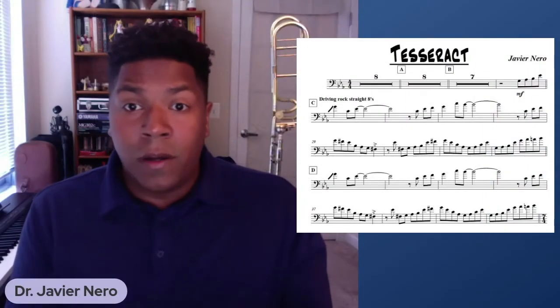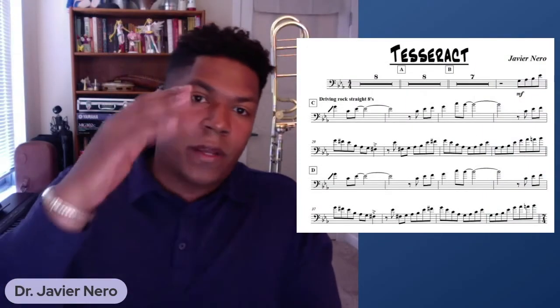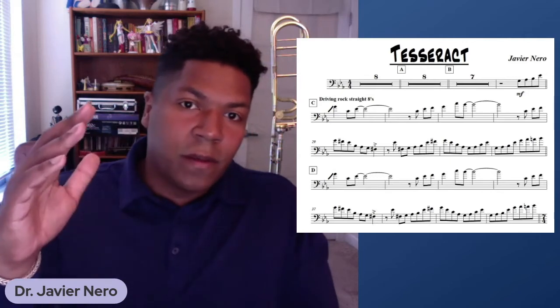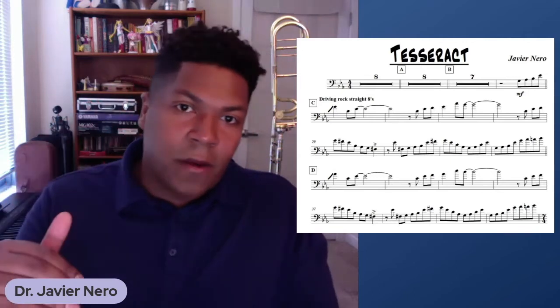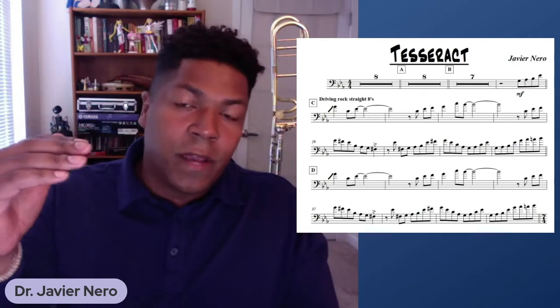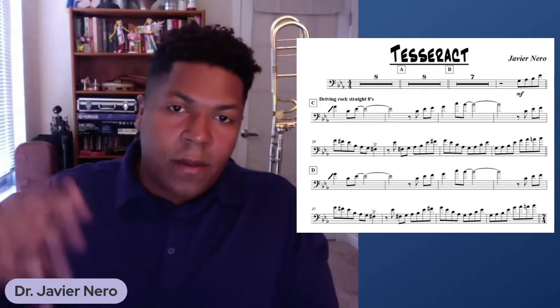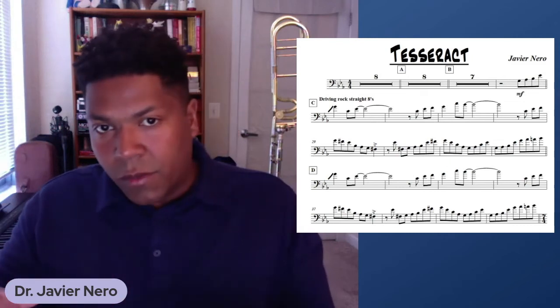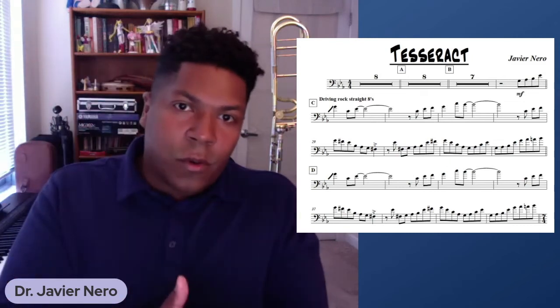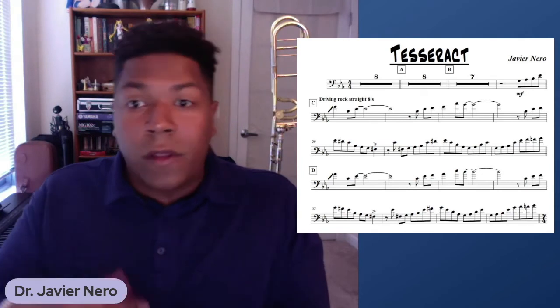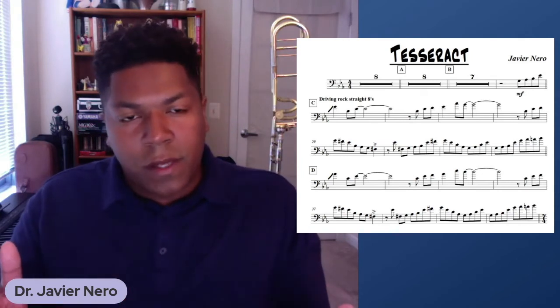So we have an intervallic thing happening. Up, down, back towards the middle, and then the second time, boom, we're going up and then back down. But then also the rhythmic element: quarter note, two eighth notes tied. And another element we'll talk about is the harmonic element.